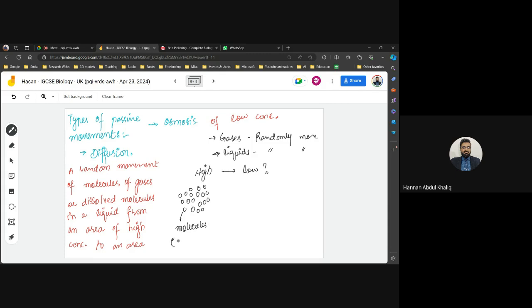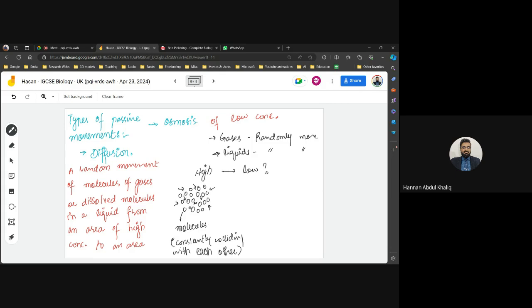Now, these molecules are constantly colliding with each other, meaning that they are pushing against each other.